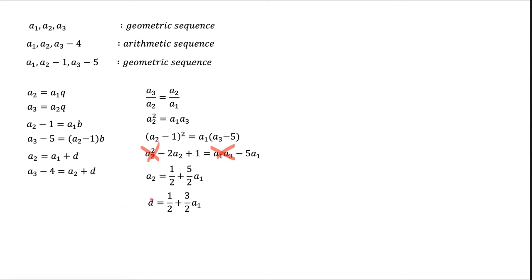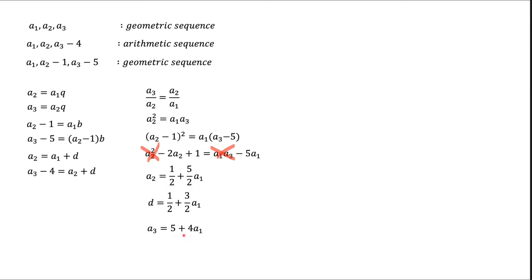And now we're going to substitute this expression for a2 and this expression for d into this equation. And we get an expression for a3 via a1. So what we have now, we have a2 expressed through a1 and a3 expressed through a1.